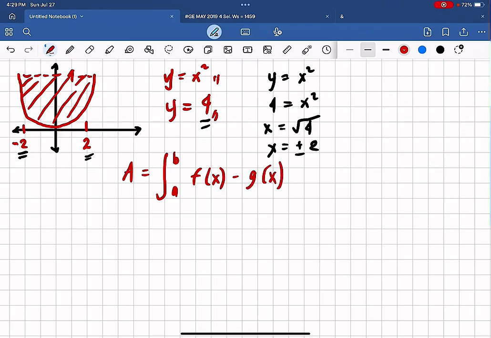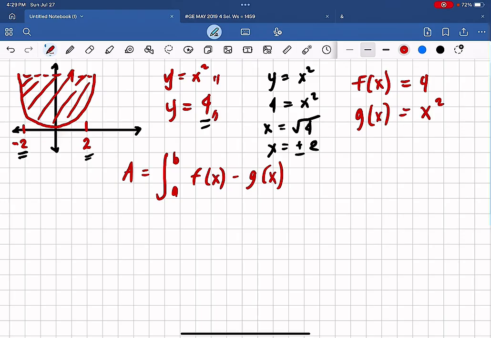So our f of x will be, so let's write our f of x. So our f of x is equal to 4, and our g of x is equal to x squared.